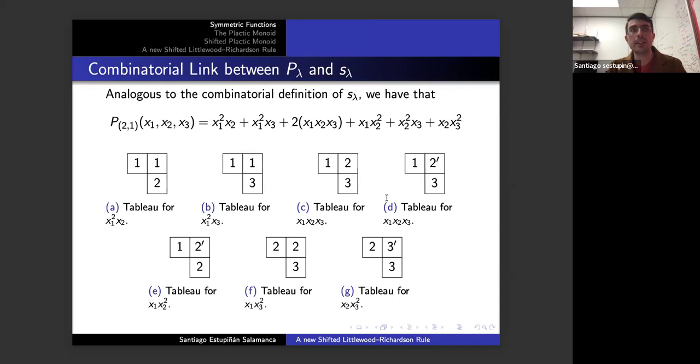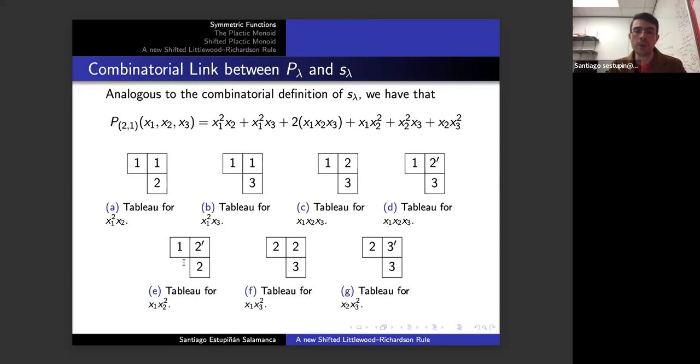The primed counterpart is less than the number itself. So 1 prime is less than 1, 2 prime is less than 2, and so on. The rest of the order relations are the conventional ones.